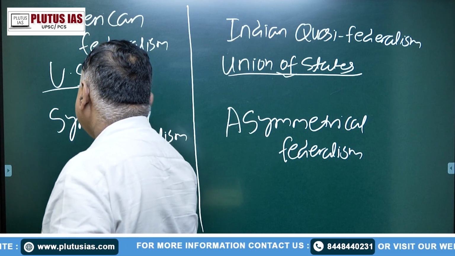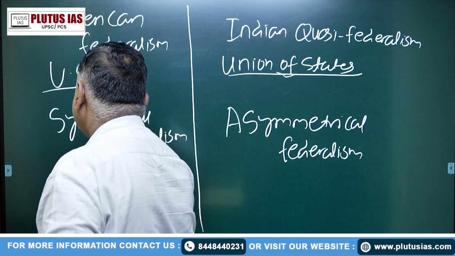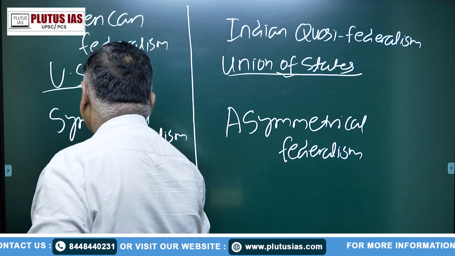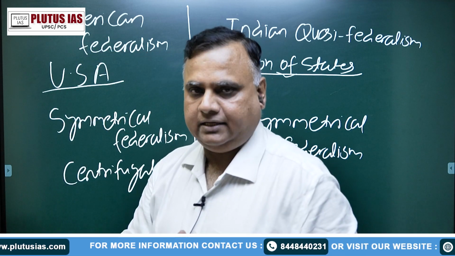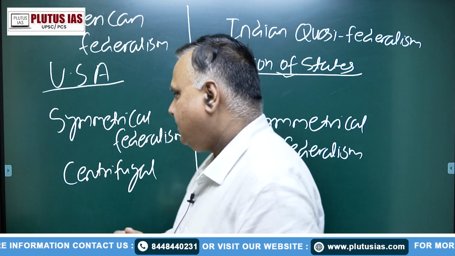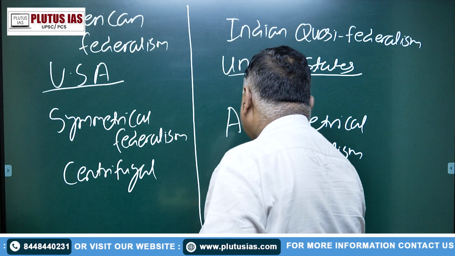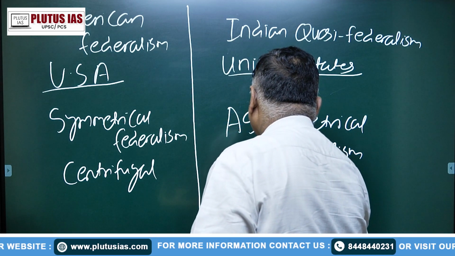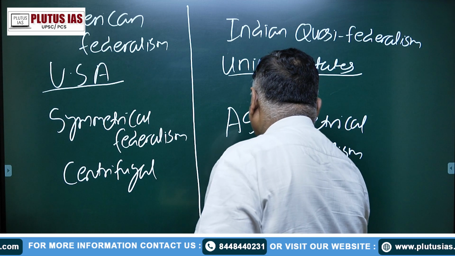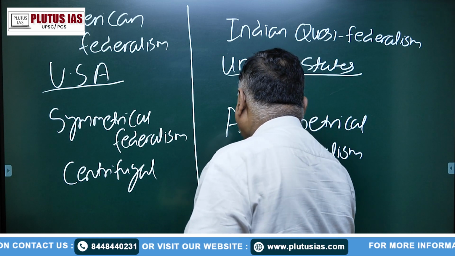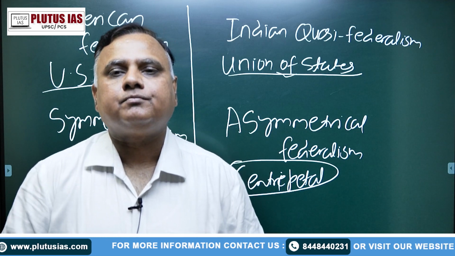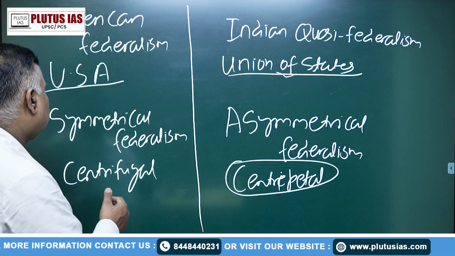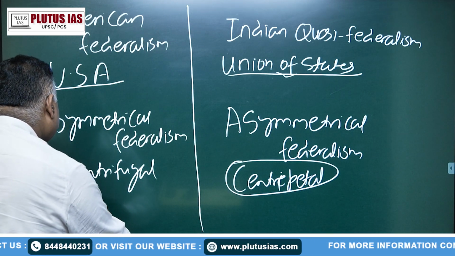Another difference is American federalism is centrifugal. Powers are more diffused towards states. But Indian federalism is centripetal, as power is more inward towards the center. Another difference is American federalism is legislative federalism.